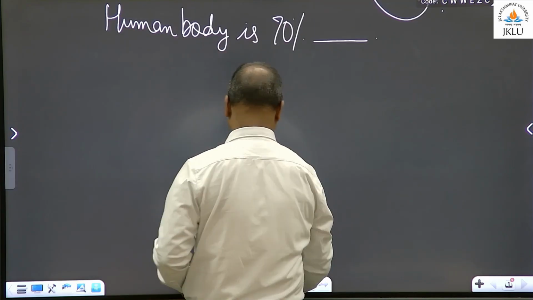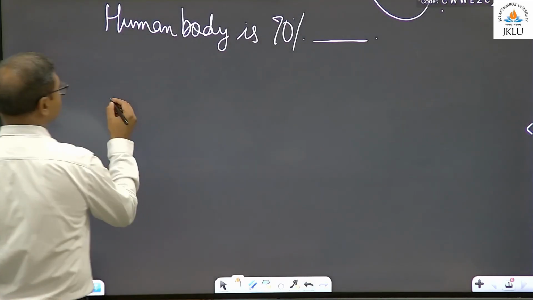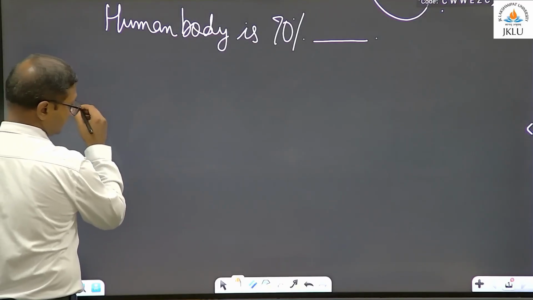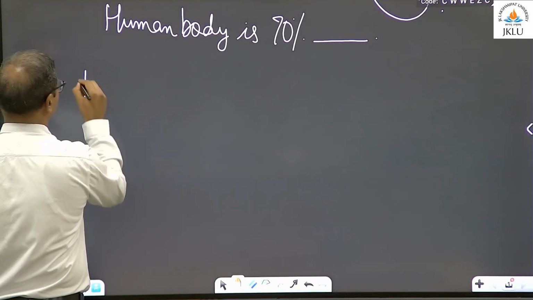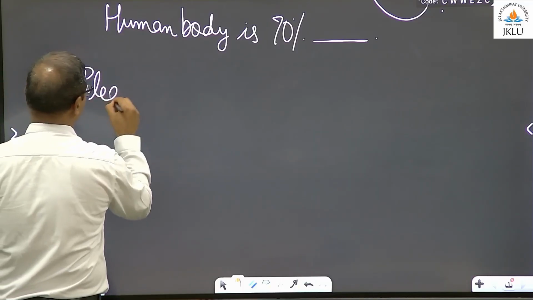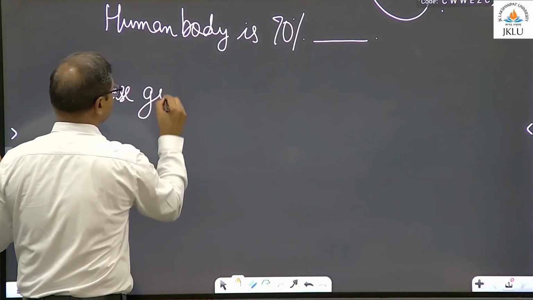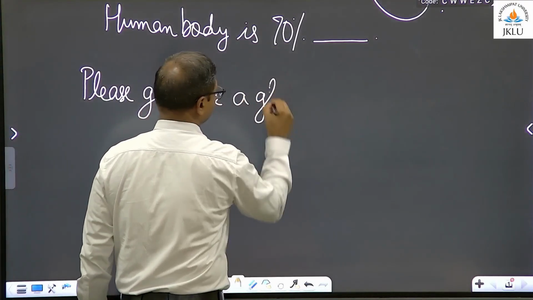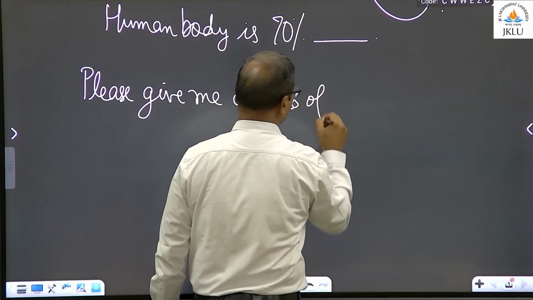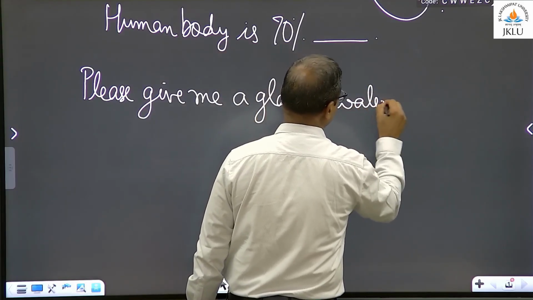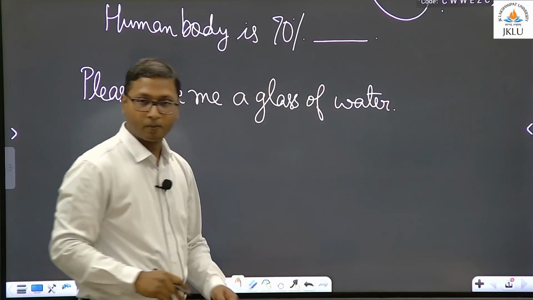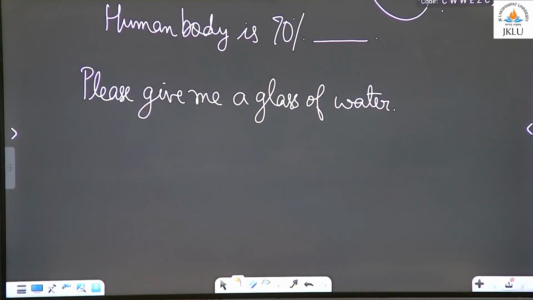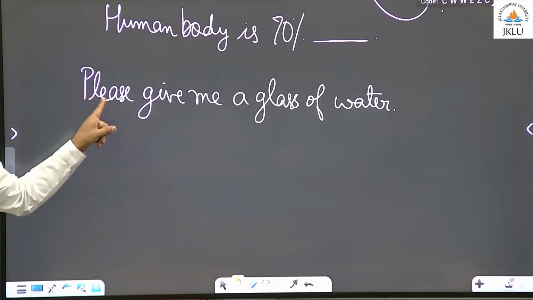So let's say my sentence is again the same. Please give me a glass of water. So let's say we have this sentence. I want to make an algorithm that gives me, so right now we are using one hot vectors for this.